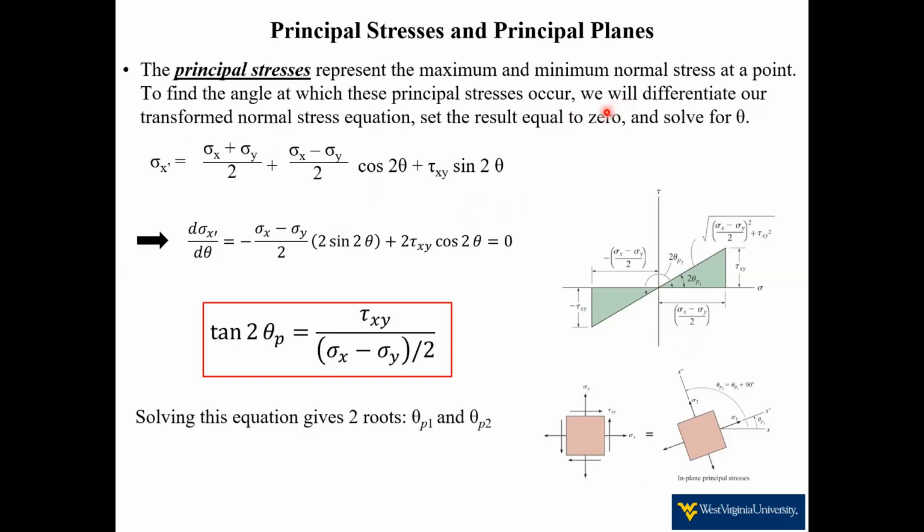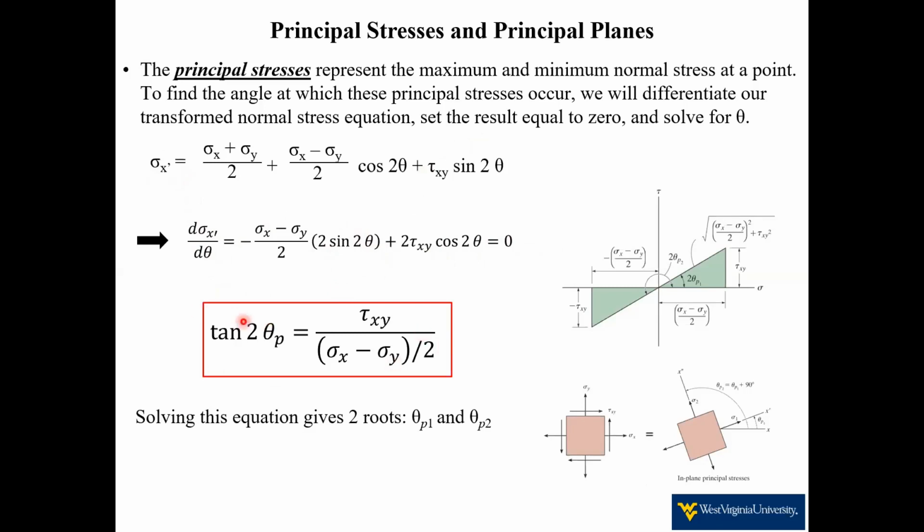In order to do that, we have to differentiate our transformed normal stress equation. That was our sigma x prime equation here from the previous set of lecture slides. And then if we set that differentiation equal to 0, this is what you get when you differentiate that equation for sigma x prime with respect to theta. Set that equal to 0, solve for our 2 theta, and you get this equation.